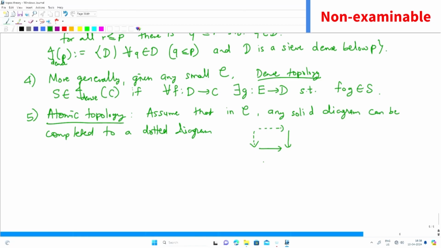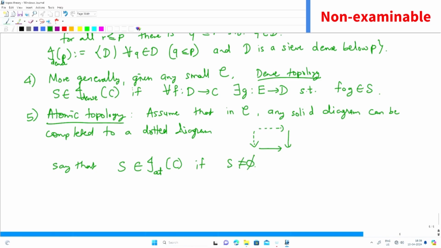But usually you don't ask for any nice conditions on category C. C of sets is already nice. It's complete, co-complete. It has sub-object classifier. Everything happens. So define the atomic topology. So say that S belongs to J atomic of C if S is non-empty.